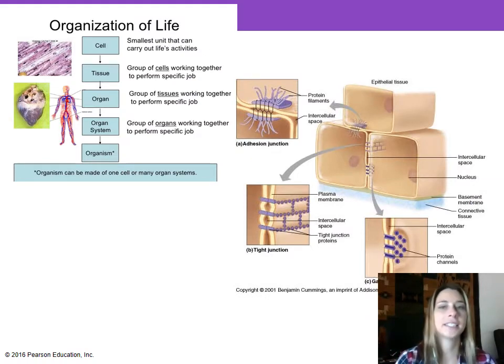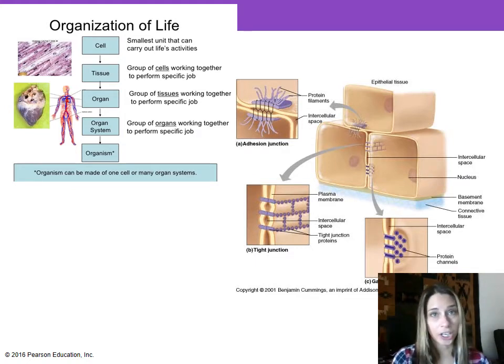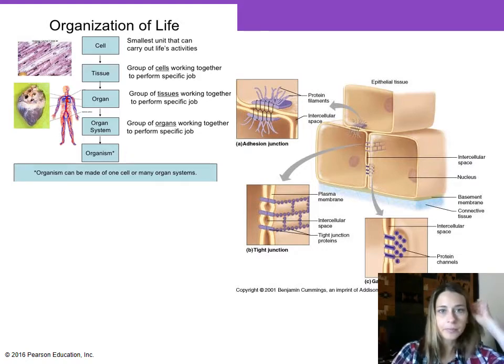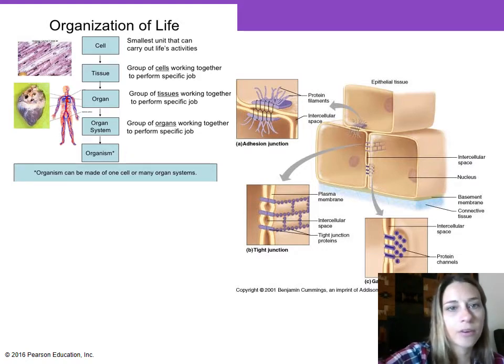Let's talk about this idea of cells living together as groups. Initially, and for the most part, the majority of life on this planet exists in a single cell state. Prokaryotes, even eukaryotes. But we're multicellular eukaryotes, meaning we decided to team up and have lots and lots of cells joined together. Okay, so here we have our organization of life.